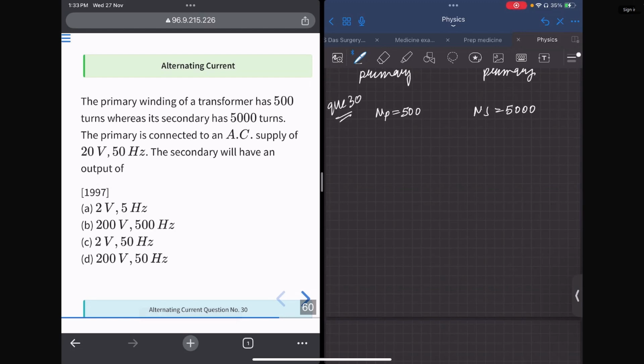The primary is connected to an AC supply of 20 volts and 50 hertz. So VP is equal to 20 volts and frequency in primary is equal to 50 hertz. We have to calculate VS and FS. This is the question.